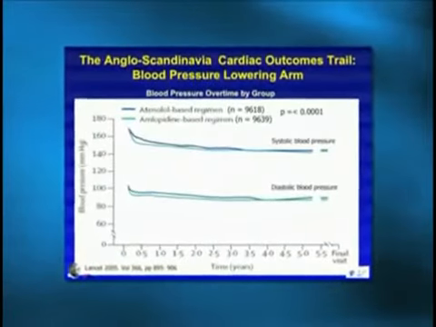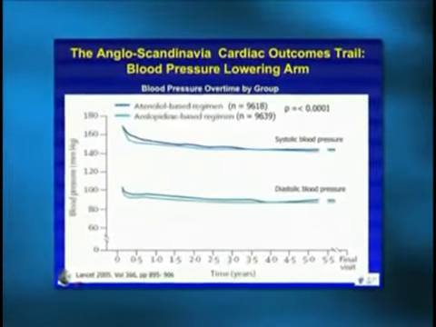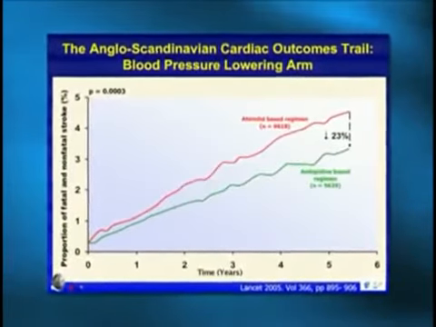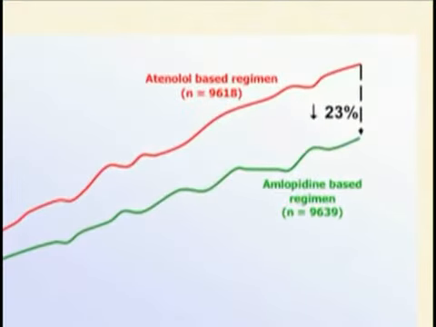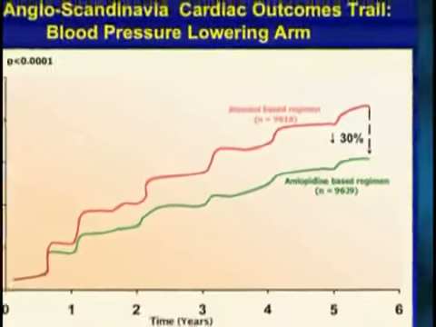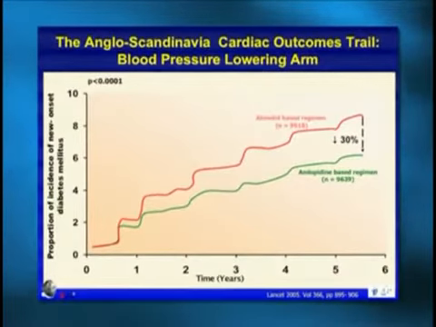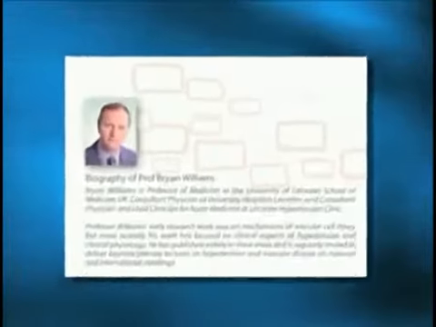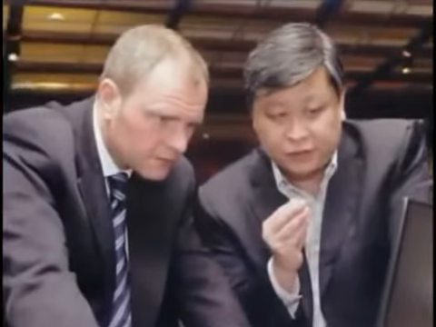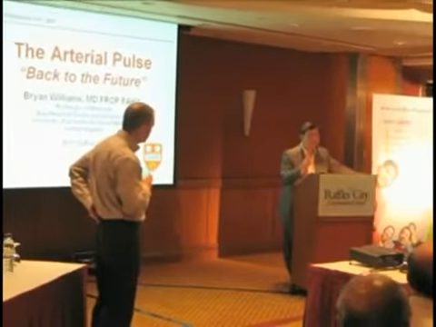But at the end of 5 years, the group that is treated with a certain drug called beta blockers has 23% more stroke and 30% more diabetics as compared to the second group. There was nothing you can find that can tell between the two if you were to look at the statistics on the surface, until Professor Brian Williams, who is the author of CAFE, showed this is true. The central pressure is the one that you have to monitor, not the brachial pressure.